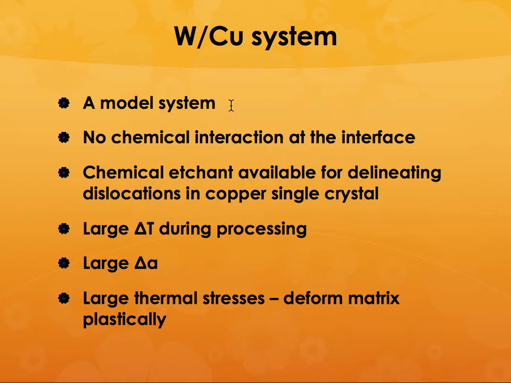Now, you may ask me, why can't we have copper fibers in a tungsten matrix? Just think about it. Copper melts at what temperature? It's much, much lower compared to tungsten, which melts at around 1860 or something like that.